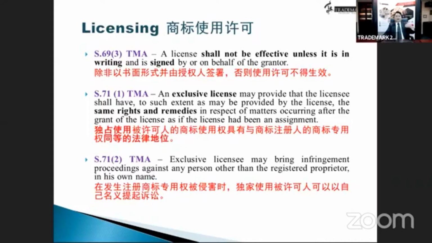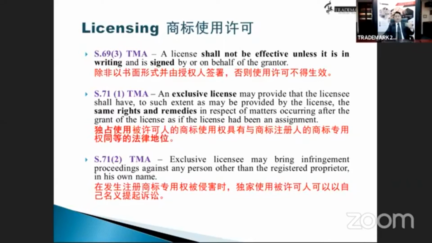So I don't have to ask permission from the registered proprietor of the trademark, and I can straight away get my lawyer to sue somebody if they infringe my license.